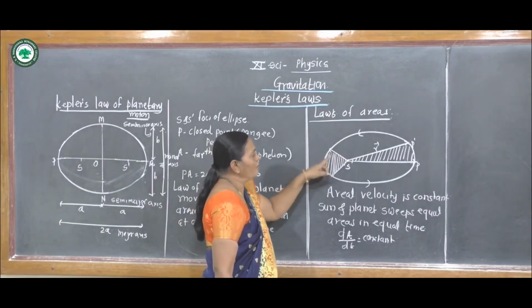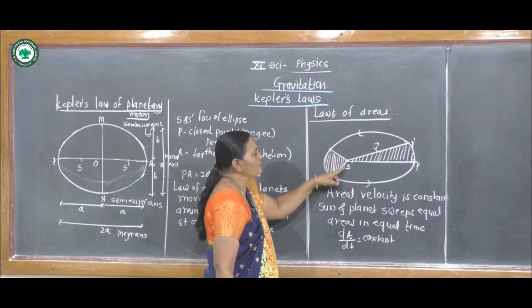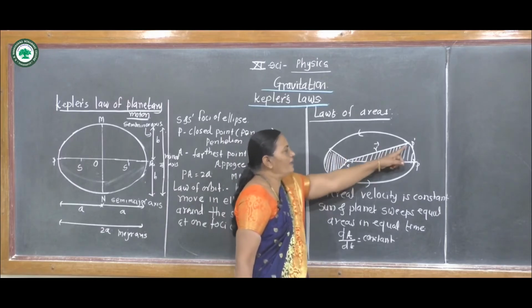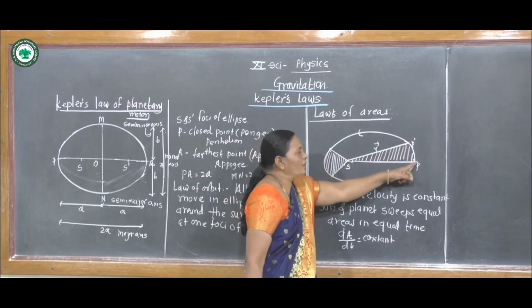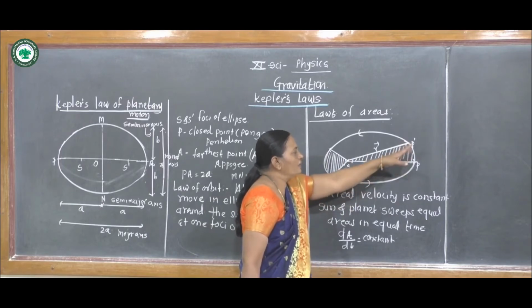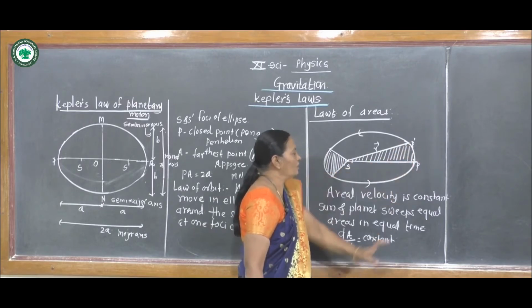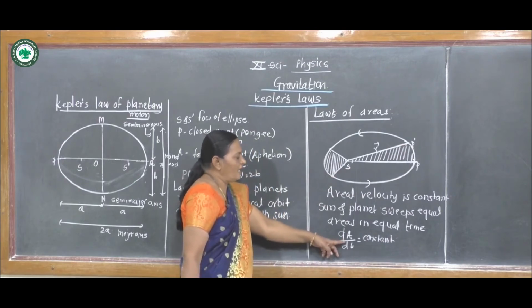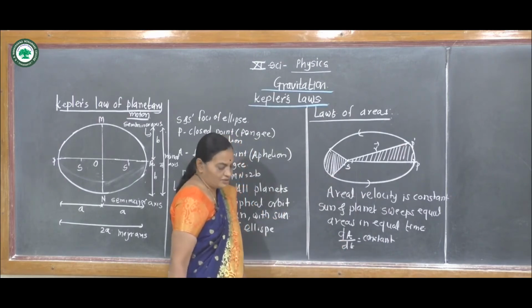When the planet is near the sun, it moves fastest, while at the apogee it moves slower. The rate of areal velocity dA by dt is constant.